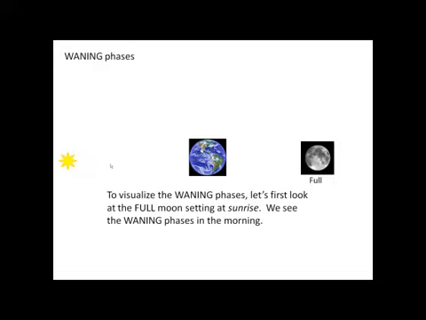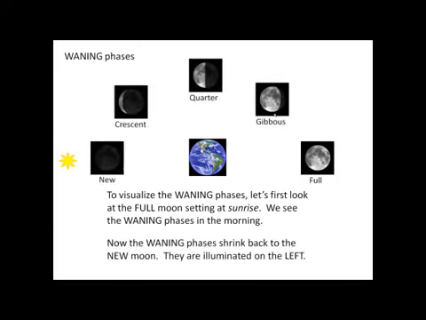So we're really looking at the waning phases of the moon in the sense of what we see in the morning. And again, we have a gibbous, third quarter, waning crescent, and new. And again, these are all illuminated on the left. So the important thing is that the waxing phases are illuminated on the right, and the waning phases are illuminated on the left.